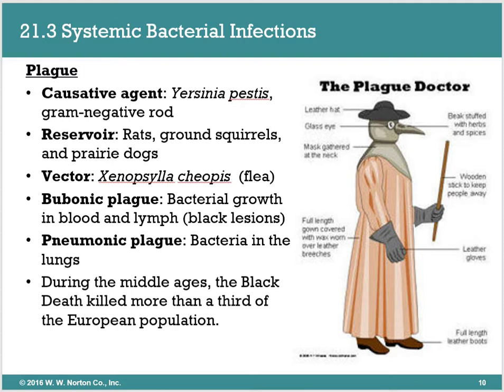So they have different presentations, but are caused by the same pathogen. During the Middle Ages, the Black Death was responsible for a good population control of about 1/3 of it. So if you ever hear something referred to as the Black Death, they're talking about the bubonic plague and not the pneumonic plague.